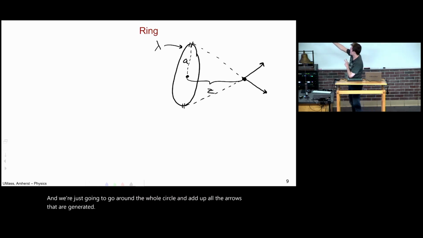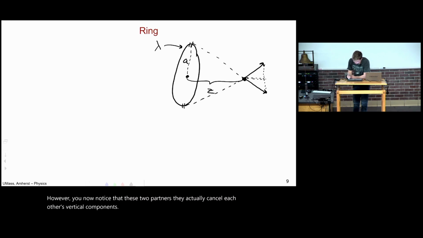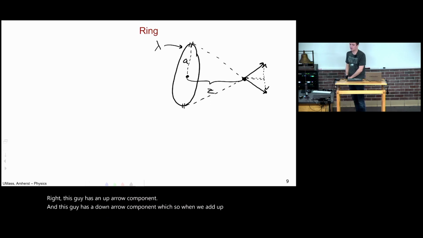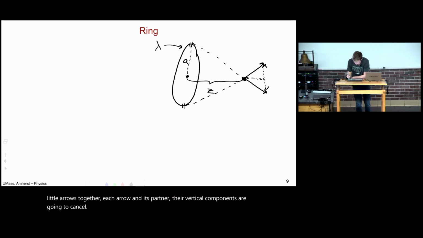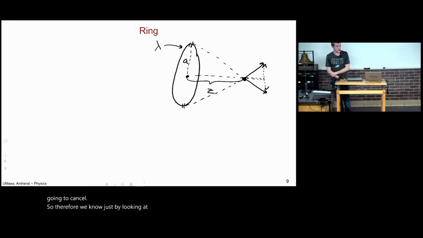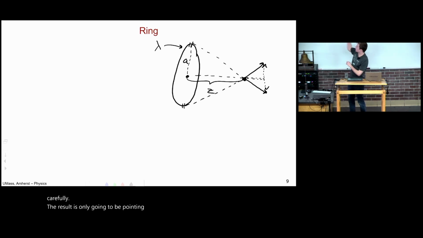However, you now notice that these two partners actually cancel each other's vertical components. This one has an up arrow component, and this one has a down arrow component. So when we add up all the little arrows together, each arrow and its partner, their vertical components are going to cancel. Therefore, we know just by looking at the problem and drawing the directions carefully, the result is only going to be pointing in the, we'll call it, z direction.